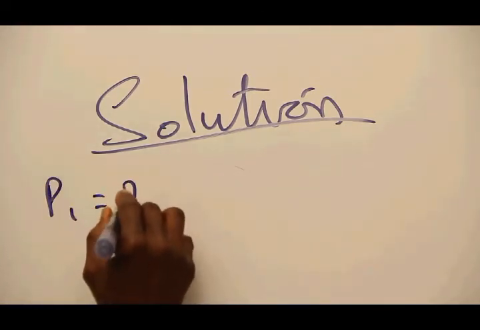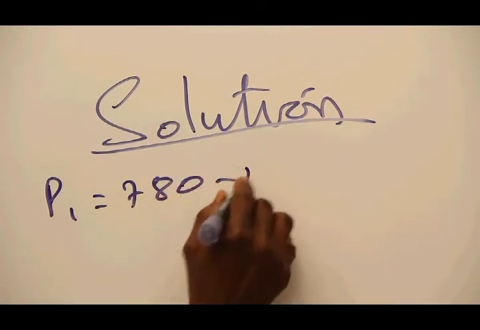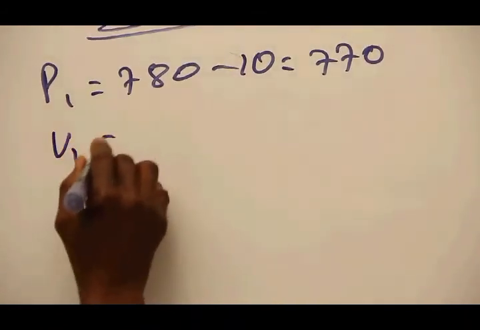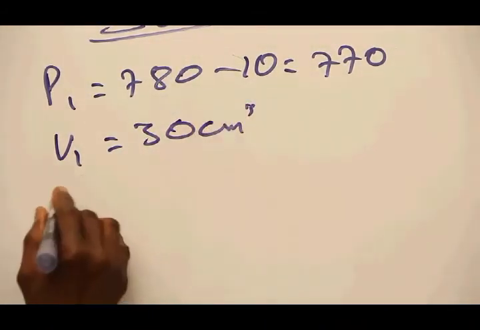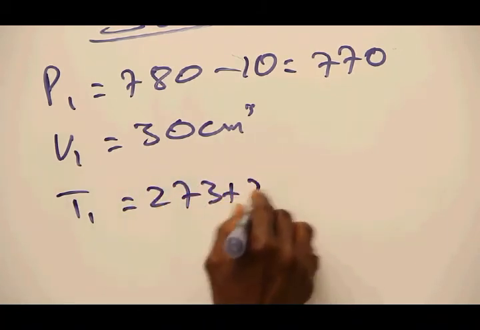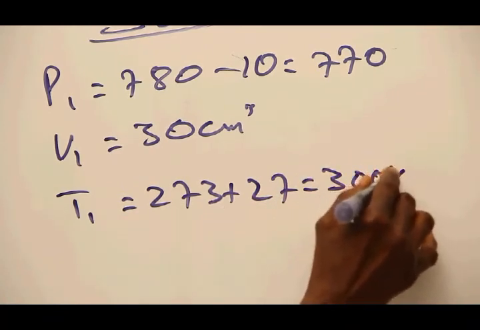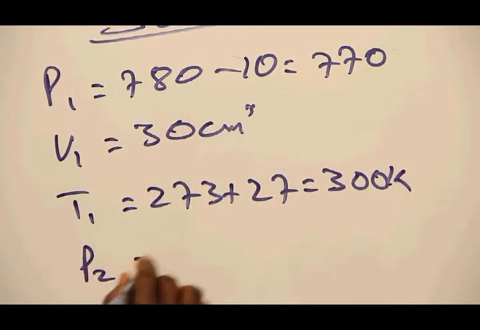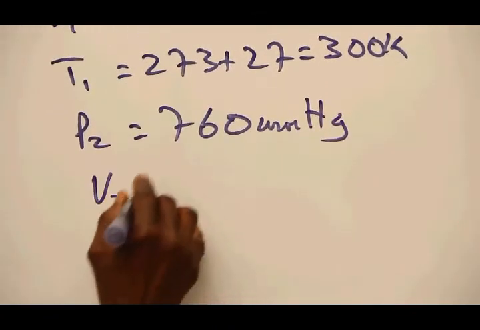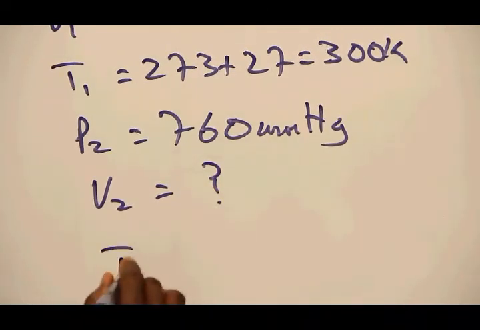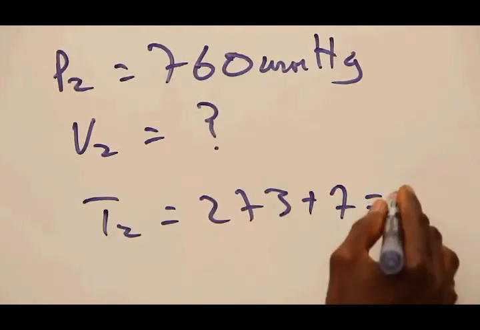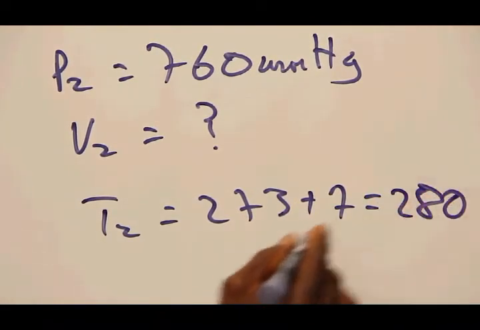P1 is 780 minus 10, which is 770 mmHg. V1 is 30 cm³, and T1 is 273 plus 27, that is 300 Kelvin. P2 is 760 as given in the problem. V2 is what we are looking for, and T2 is 273 plus 7, 280 Kelvin.